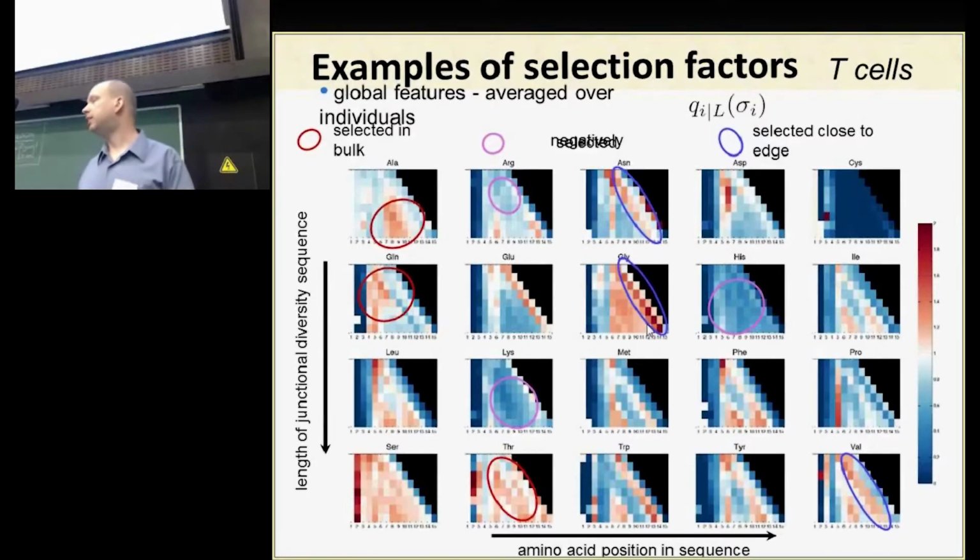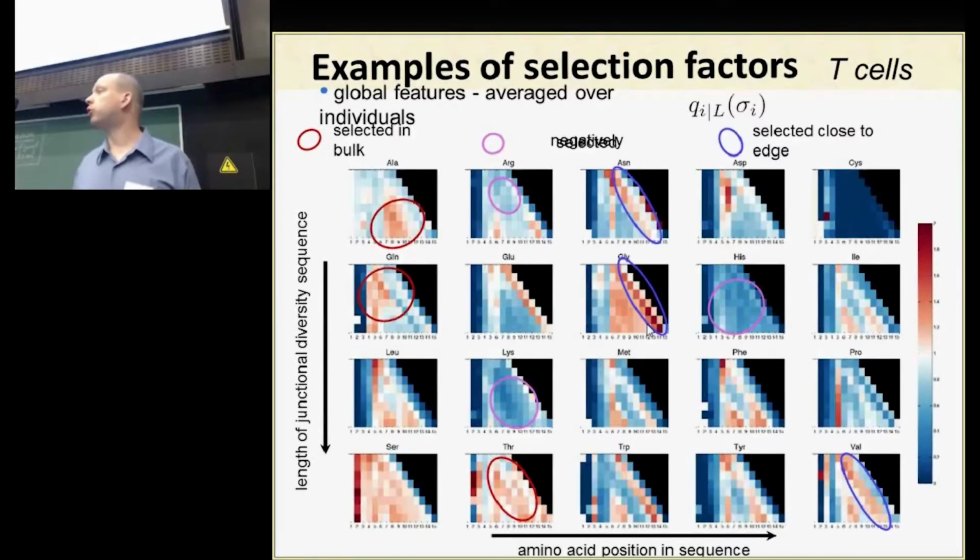I'm not going to get into it, but you can do some kind of analysis on the properties of the amino acids, and then you'll see that there are certain reasons certain amino acids are selected or not. But this is something extra.